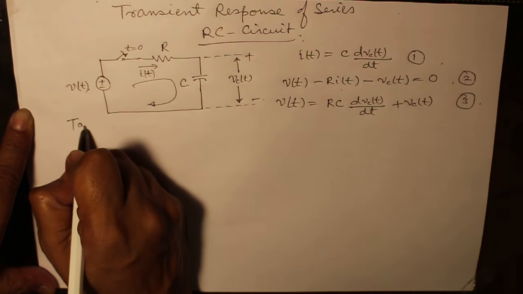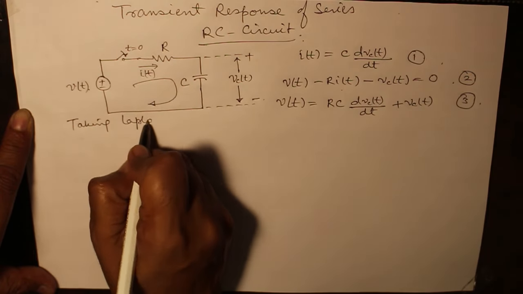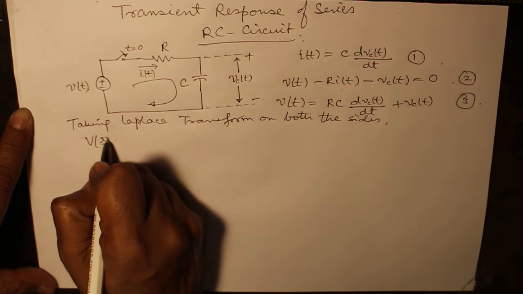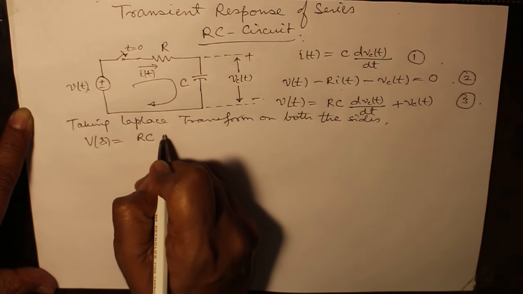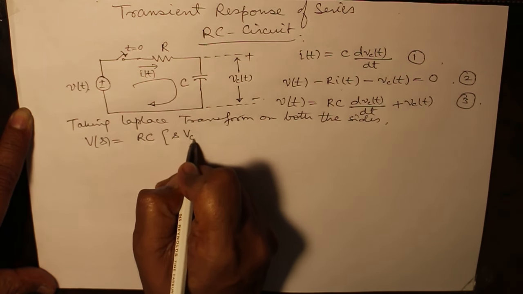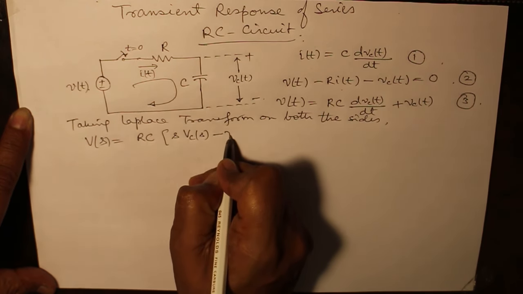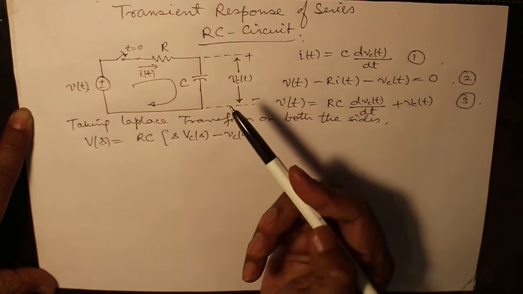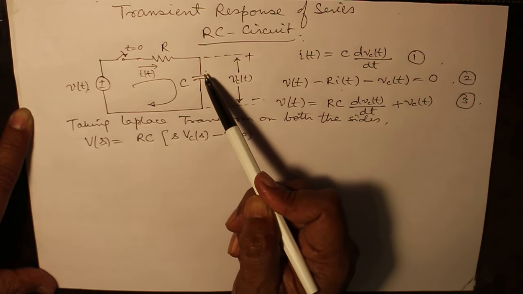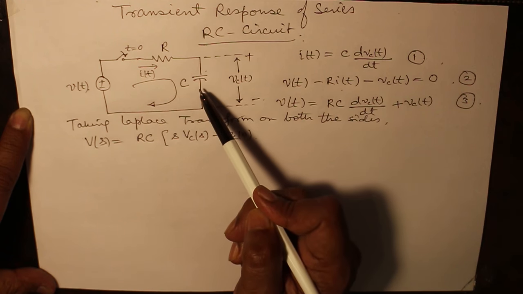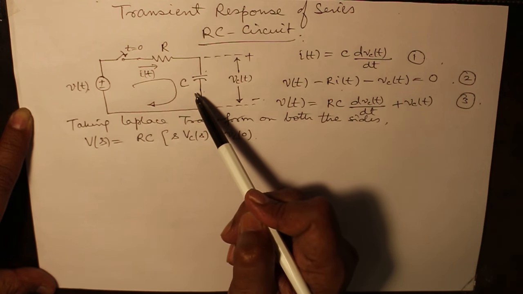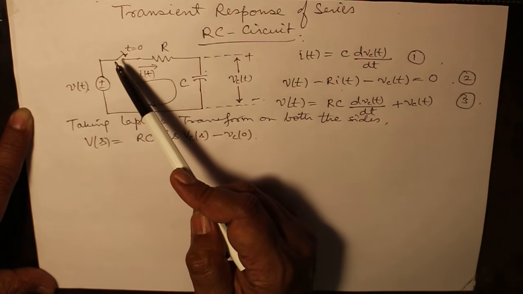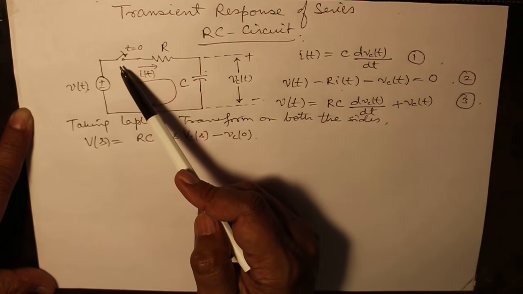Taking Laplace transform on both the sides. V(s) is equal to RC [s VC(s) minus VC(0)]. This VC(0) is the voltage which exists across the capacitor because of the initial charge which the capacitor possessed prior to switching on of the circuit.